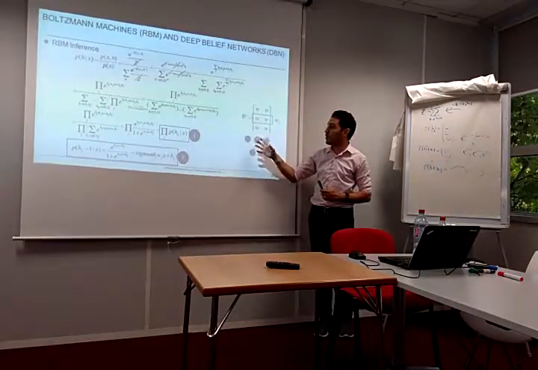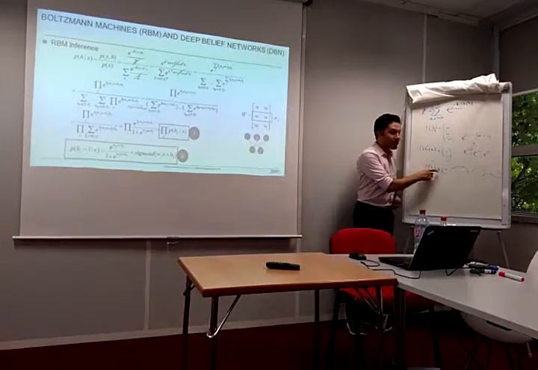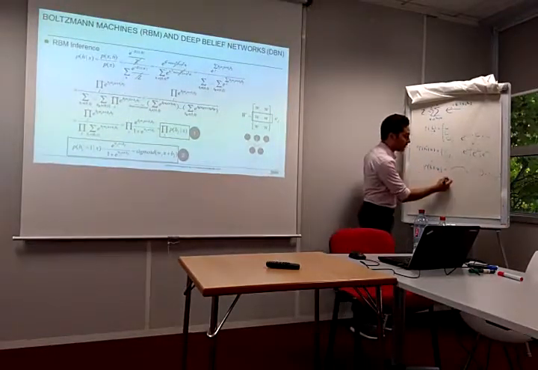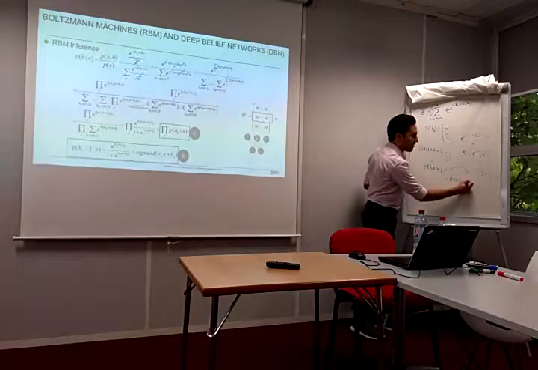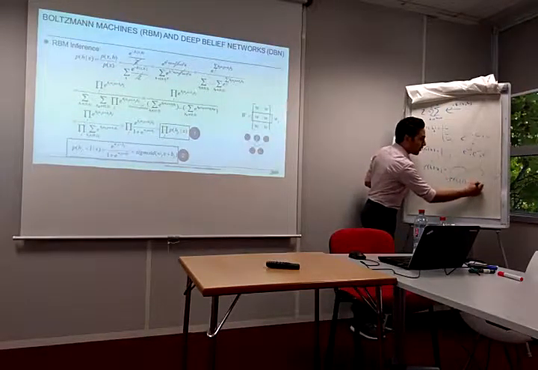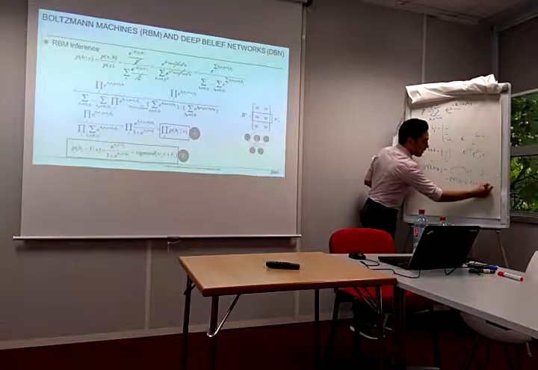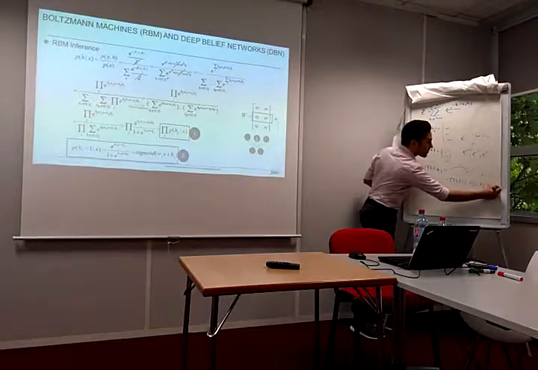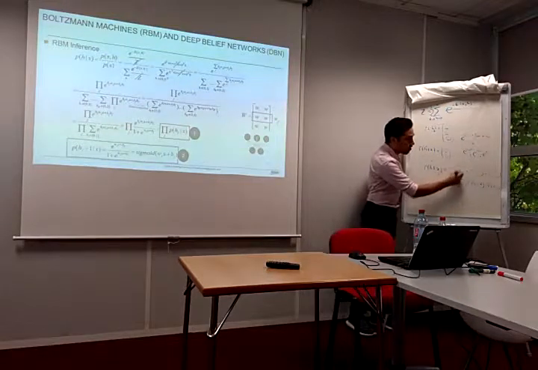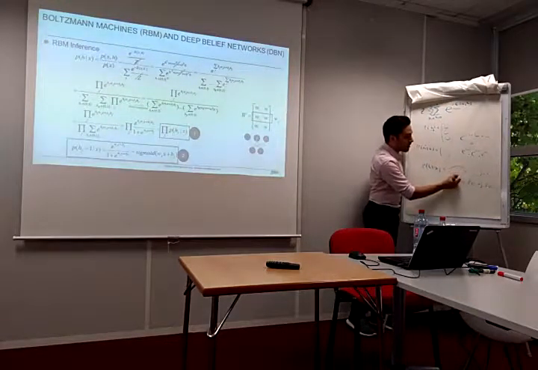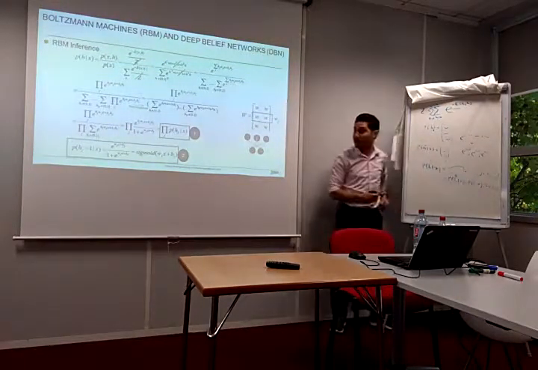Okay, so we know that p of h given x is equal to p of h1 given x multiplied by p of h2 given x multiplied by p of h3 given x. So we can say that the term here is equal to p of hk given x.